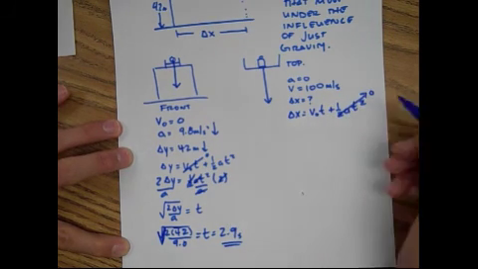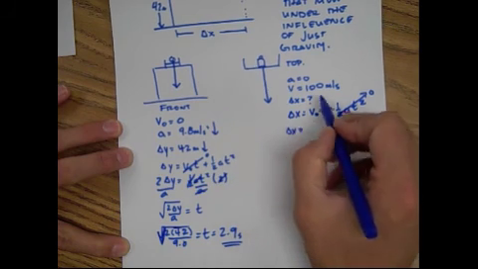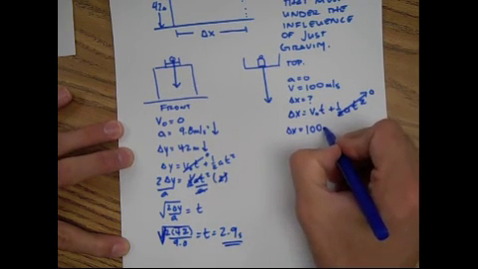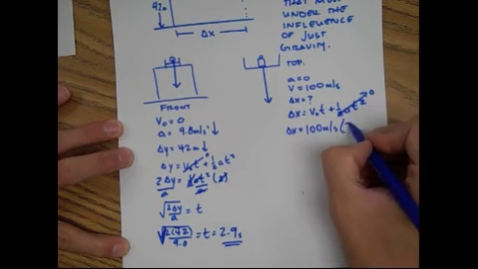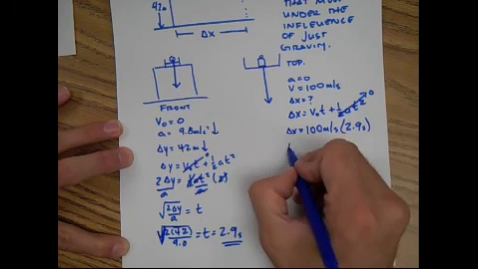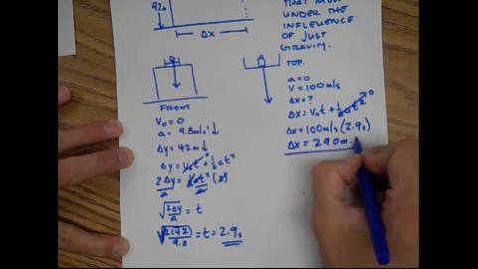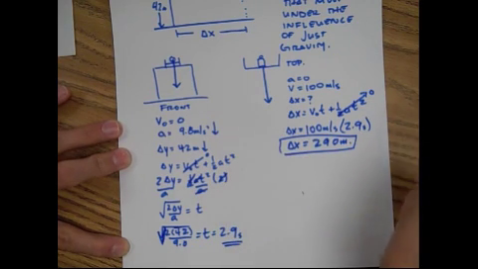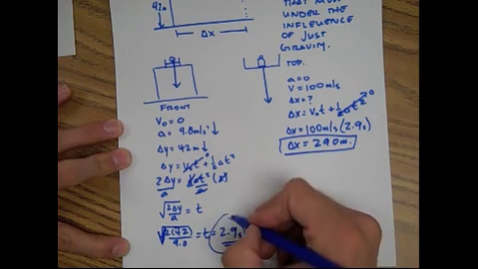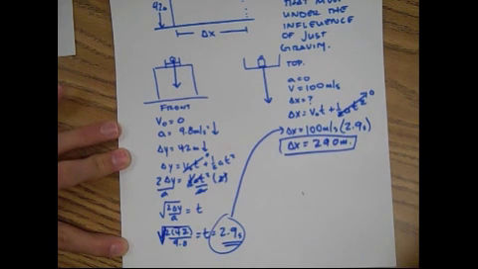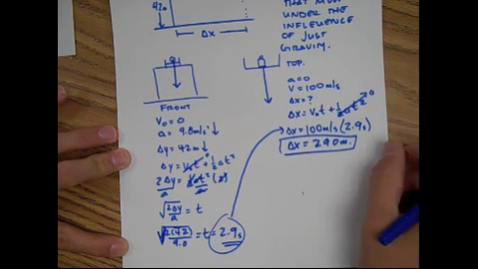That goes away because the acceleration is 0, and my delta x is just my initial velocity, 100 meters per second, times my time, 2.9 seconds. So my delta x comes out to be 290 meters. That's how far away the thing lands. So our idea here is that we're going to use the time from the y in the x to figure out what's going on.